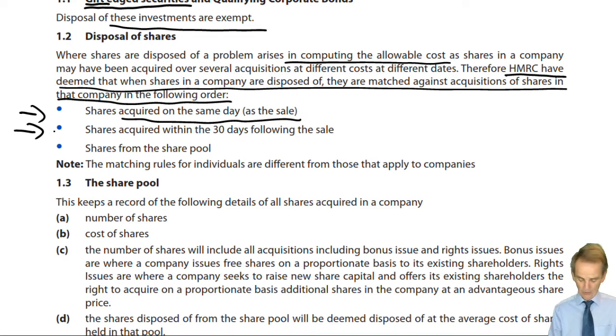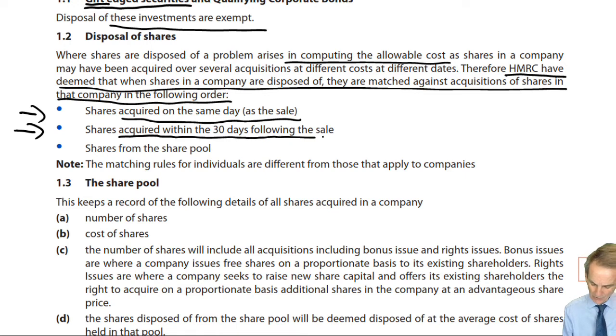So it will appear odd that what we have in this second of our share identification rules is shares acquired within the 30 days following the sale.